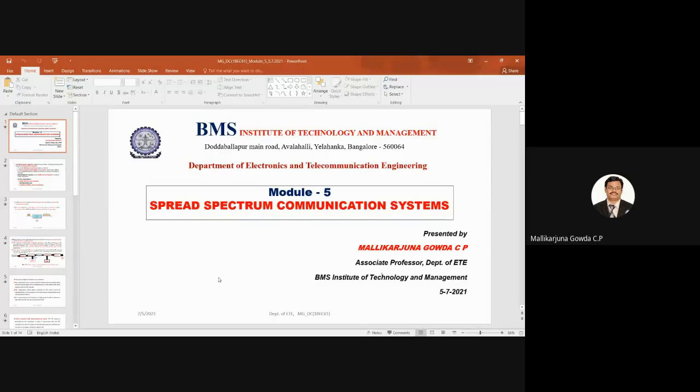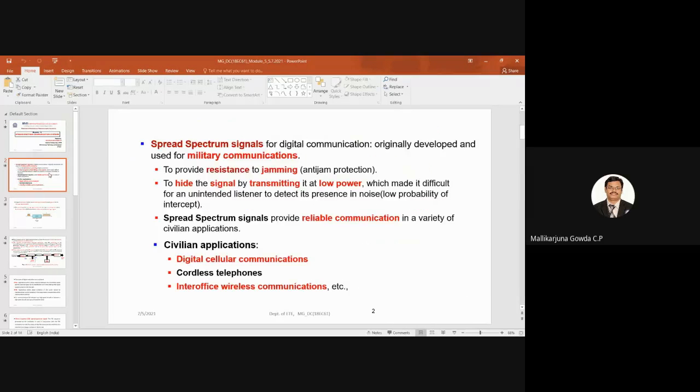That is why it started with military applications. Spread spectrum signals for digital communication were originally developed and used in military communications. The characteristics of spread spectrum signals are that they provide resistance to jamming, and it is also possible to hide the signal by transmitting at low power.